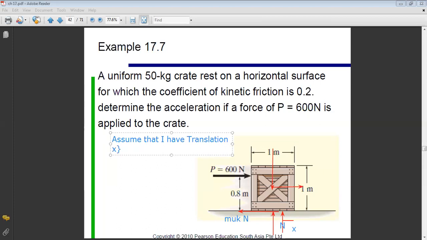This is if I consider X from this side. If I consider this distance here as, let's say, D, what is the condition for D to have translation? D can be maximum equal to what?